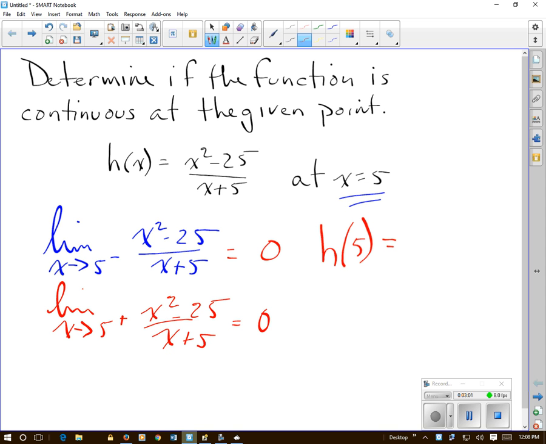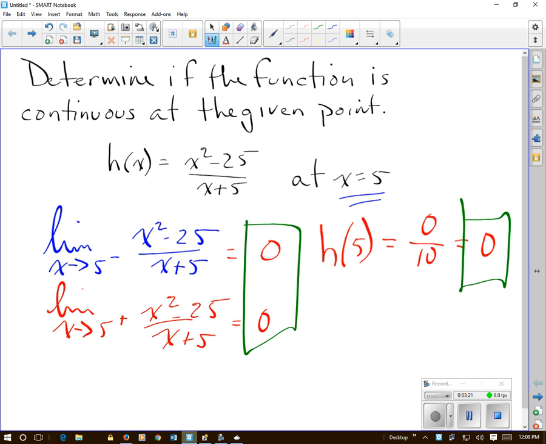If we just directly substitute a 5 in for x there, we get 25 minus 25 for the numerator, or 0 for the numerator, and the denominator, 5 plus 5 is 10, which is 0. So because these all exist, and they are all the same value, we determined this function is continuous at the value in question of x equals 5.